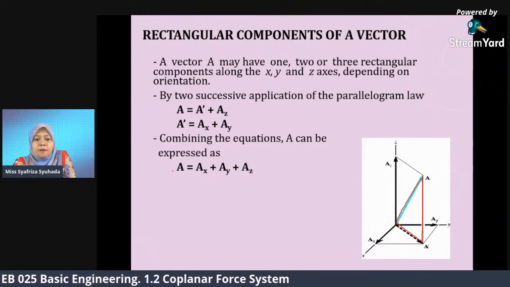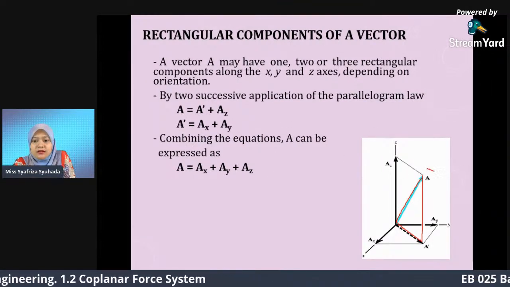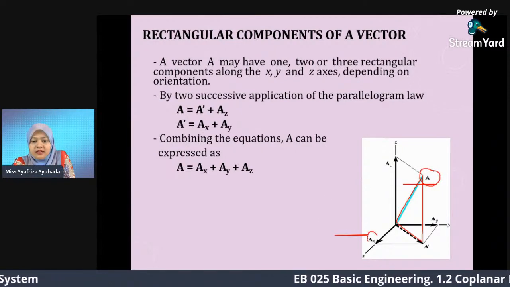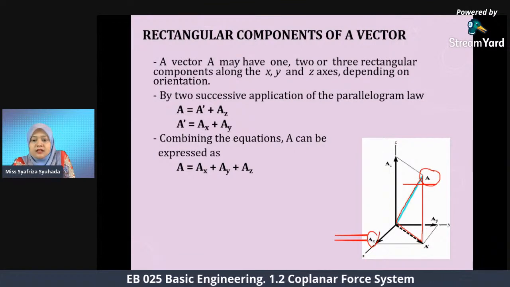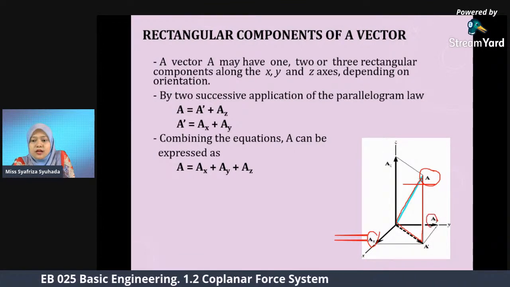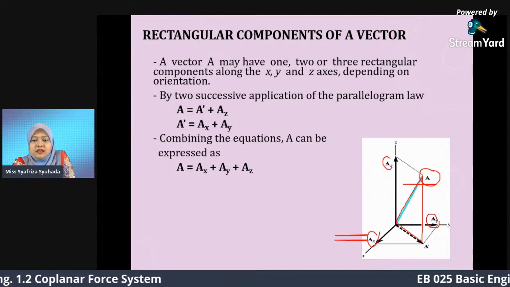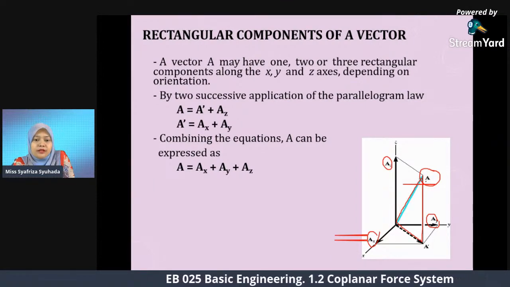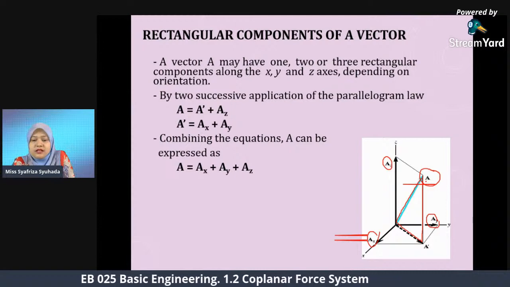For example, A is equal to AX for the axis X, AY for the axis Y, and AZ for the axis Z. So we add 3 forces and it will become A component.